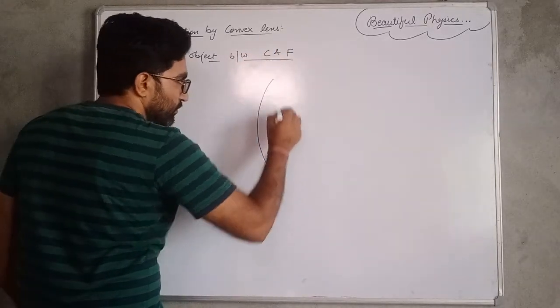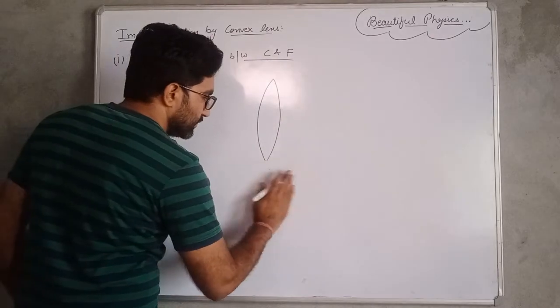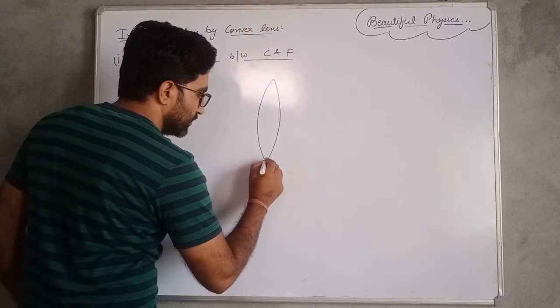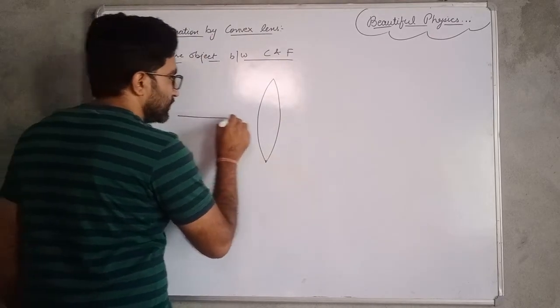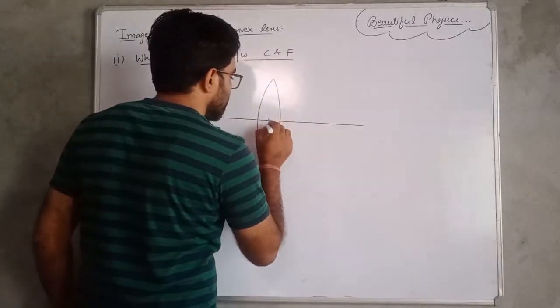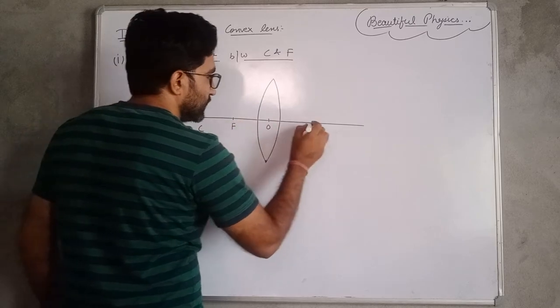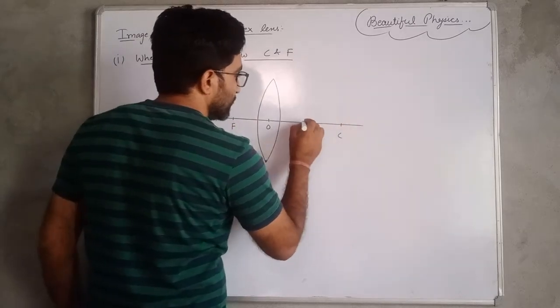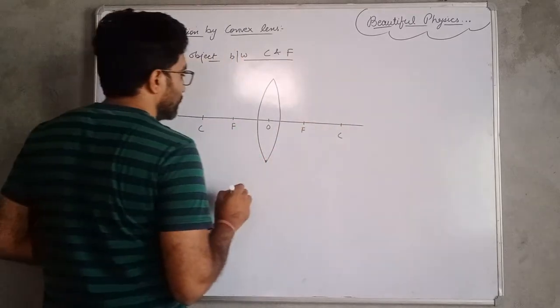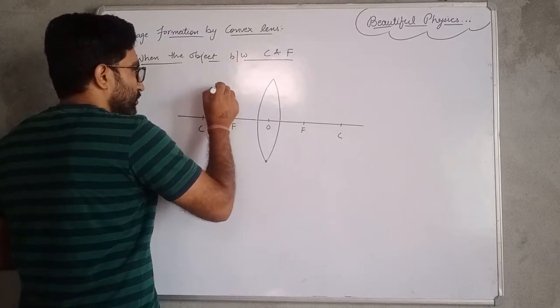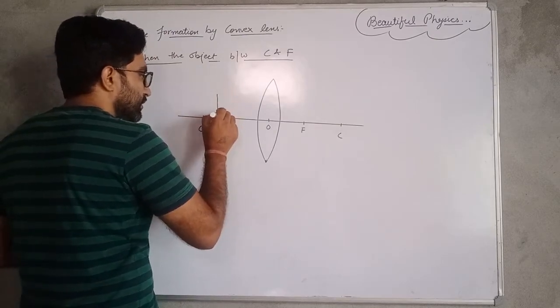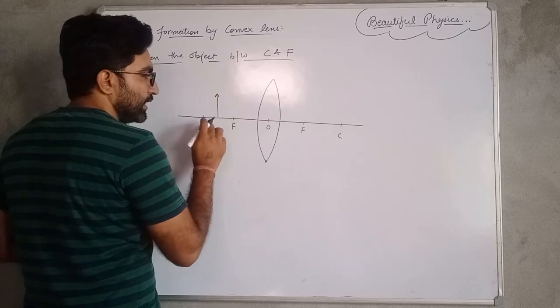Again we have to draw the convex lens. This is our principal axis, this is optical center, again center of curvature, focus, again center of curvature, and this is again the focus. And now our object is between center of curvature and the focus.